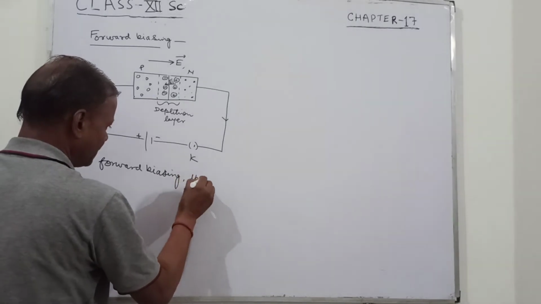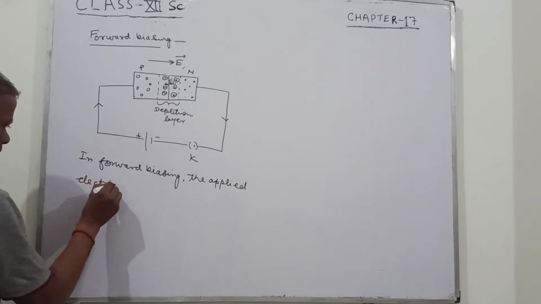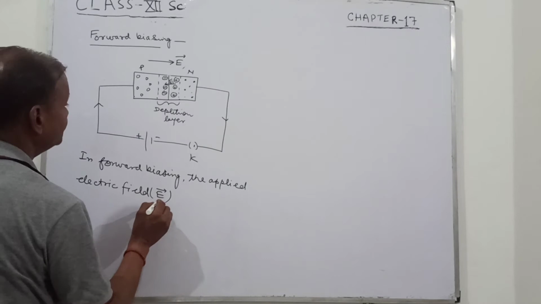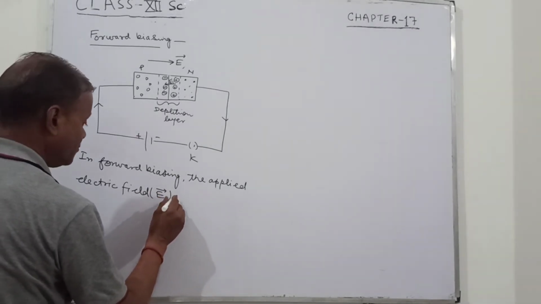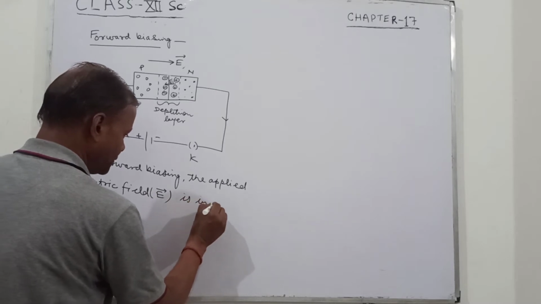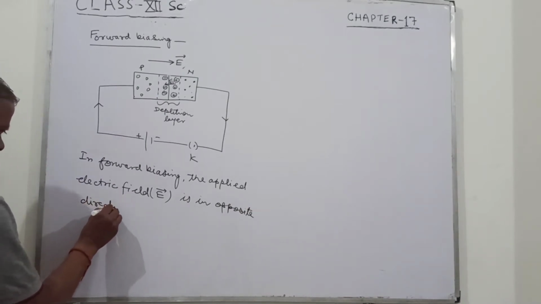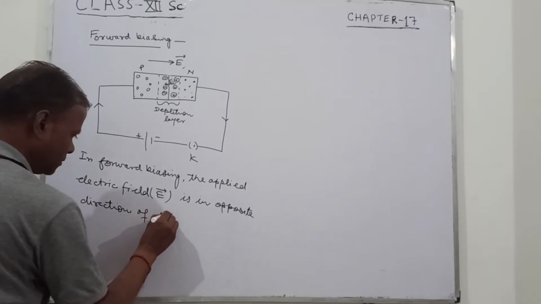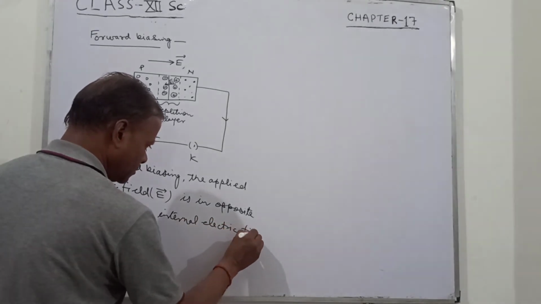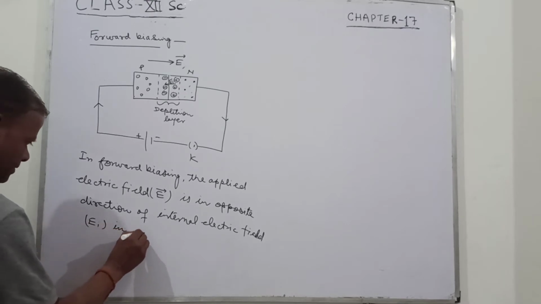In forward biasing, the applied electric field E is in the opposite direction of the internal electric field E_i in the depletion layer.